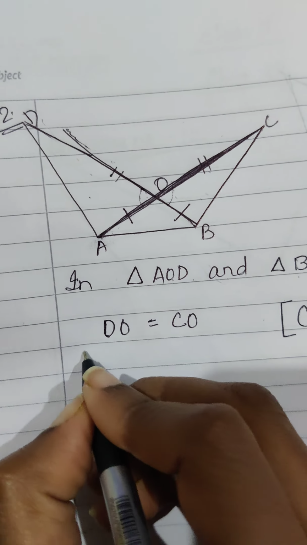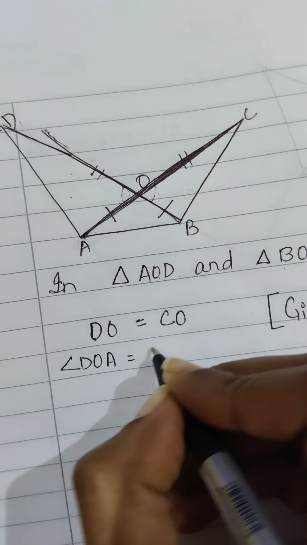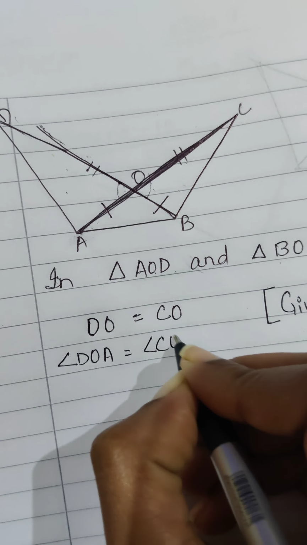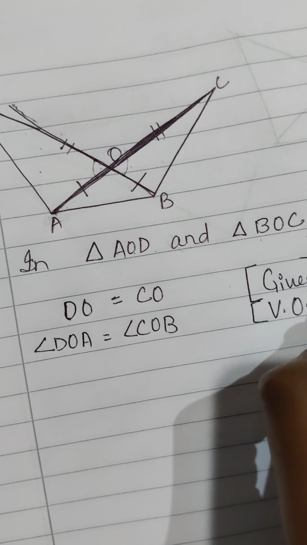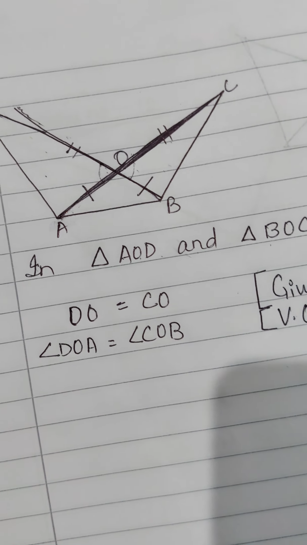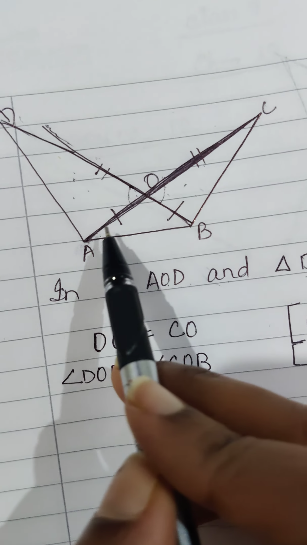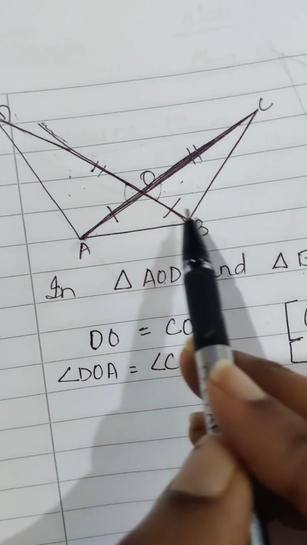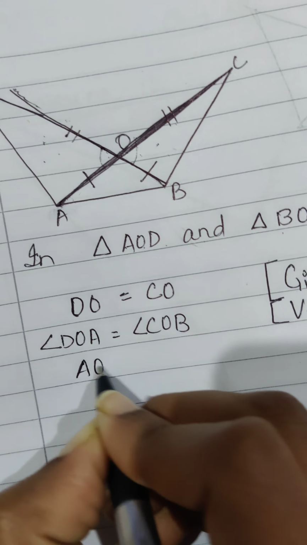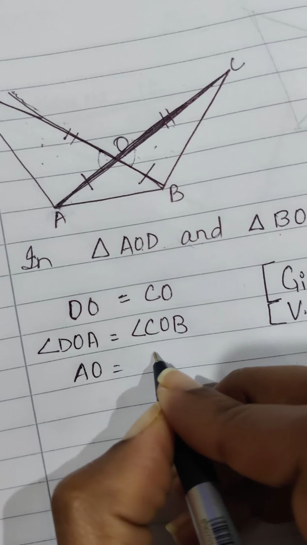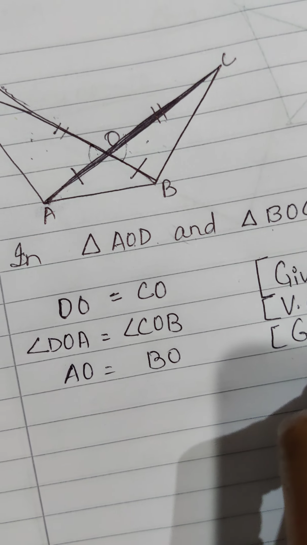So we will write angle DOA is equal to angle COB, that is vertically opposite angles. Now third, in these two triangles, if you see properly, this line and this line, that is given as equal. So line AO is equal to line BO, that is given.